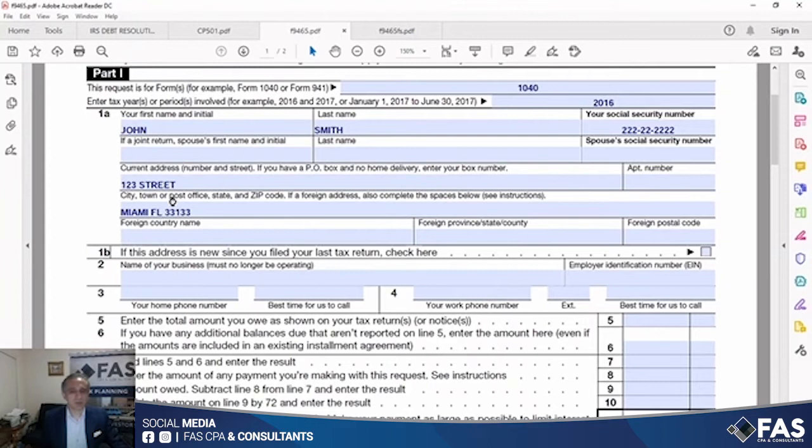If you have changed your residential address, then you have to check 1B. But this is only if you changed your residency address. Otherwise, it will be the same.